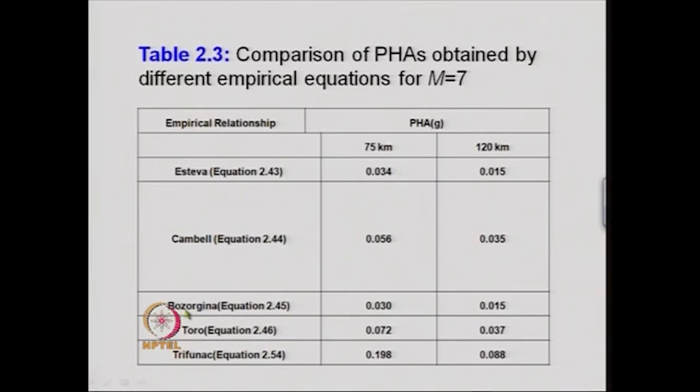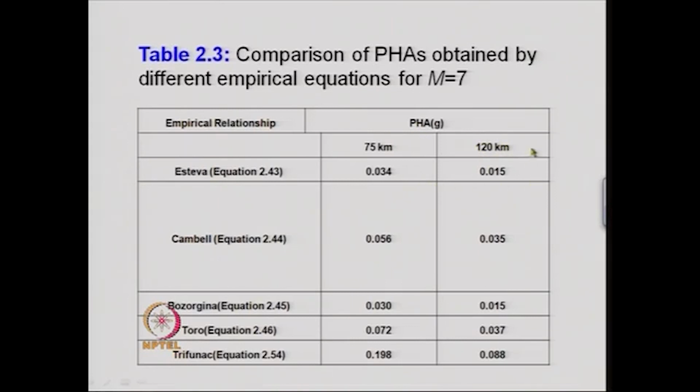Then Bojorgina's equation provided 0.03, which is quite comparable with the 0.034. Then Toro's is 0.072, and Trifunac's equation gave a value which is a wide departure from all other values.